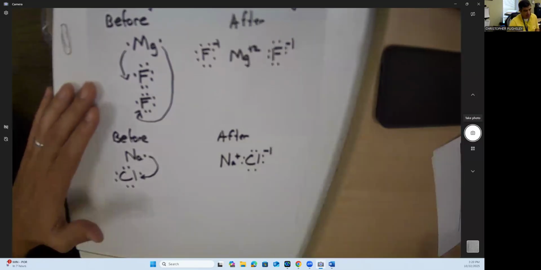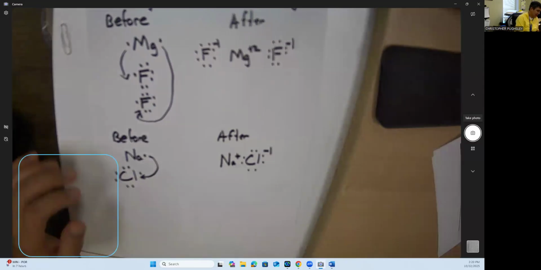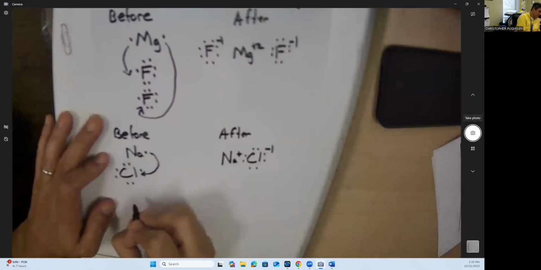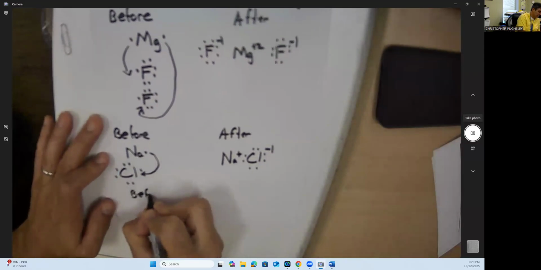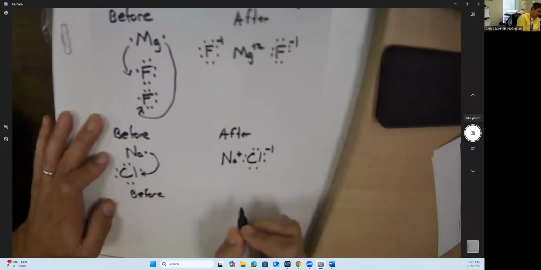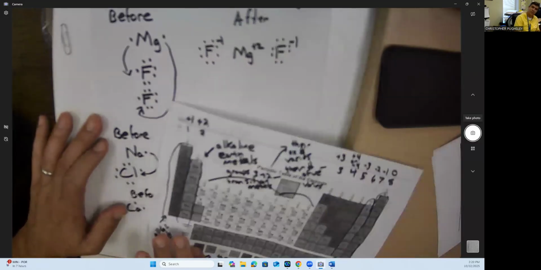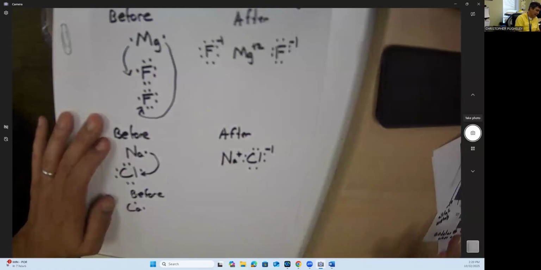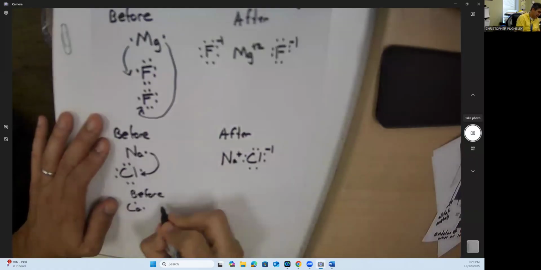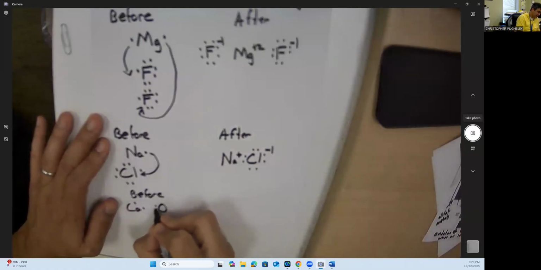All right, last one, calcium oxide. So we do the before. Calcium has 2 valence electrons. And how do I know that? I look at this table. And then oxygen has 6 valence electrons.